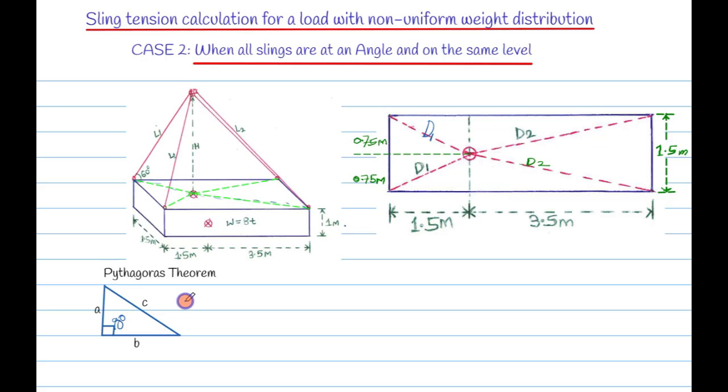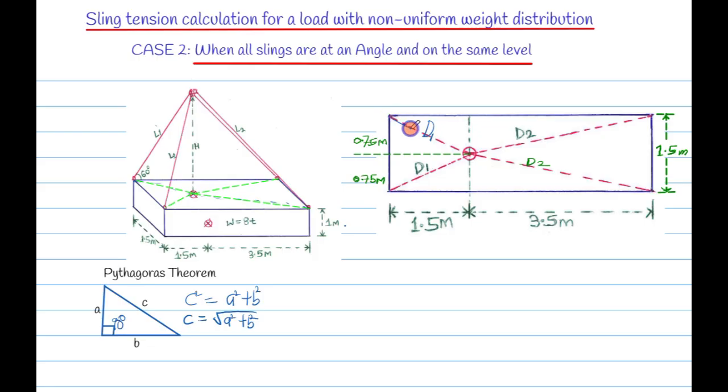Pythagoras theorem states that for a right angle triangle, C square is equal to A square plus B square. To get C, it will be equal to the square root of A square plus B square. We need to apply the Pythagoras theorem here to get our D1.